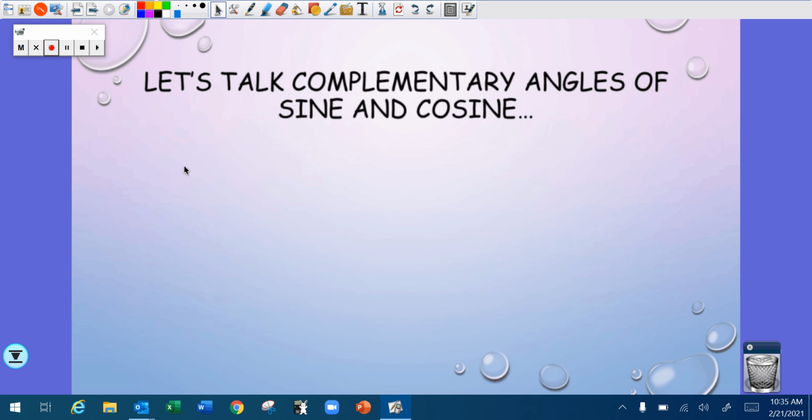So for my even classes, we haven't gotten to this yet, so I'm going to go ahead and do it. The word complementary means to add two angles together.